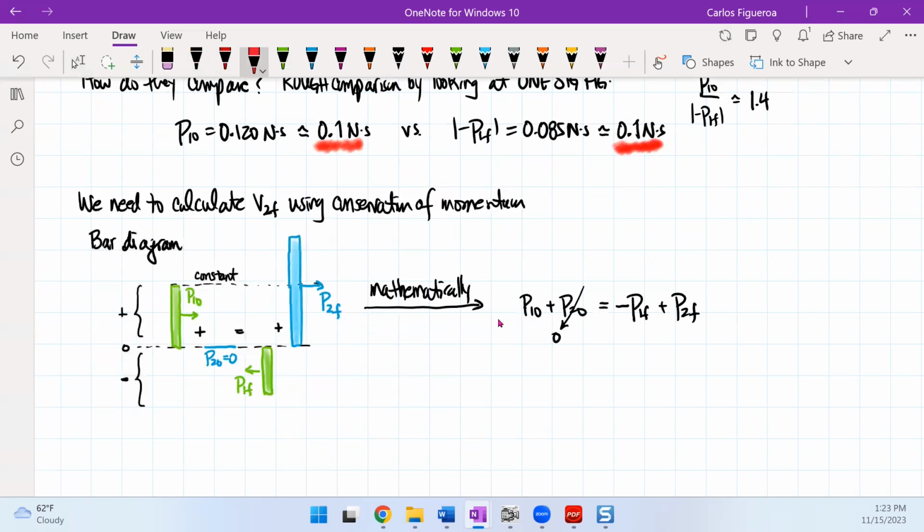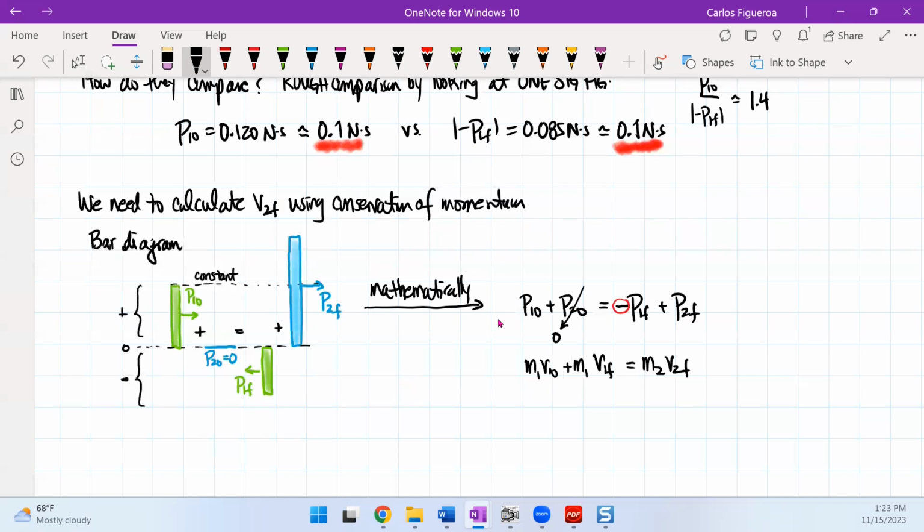This minus sign is important. So if I rewrite this whole thing, this will be M1 V1 initial. I'm going to bring this over to the other side, so I'm going to get plus M1 V1 final, and that's got to be equal to M2 V2 final.